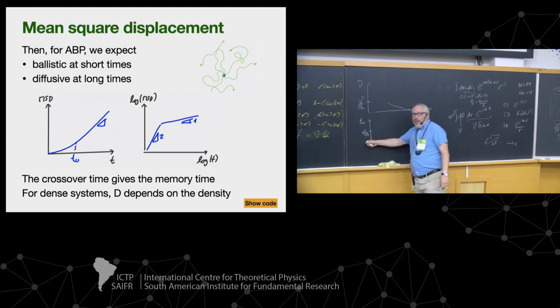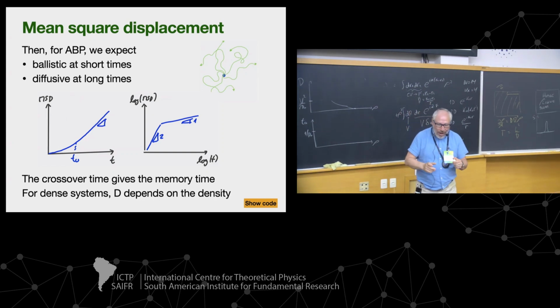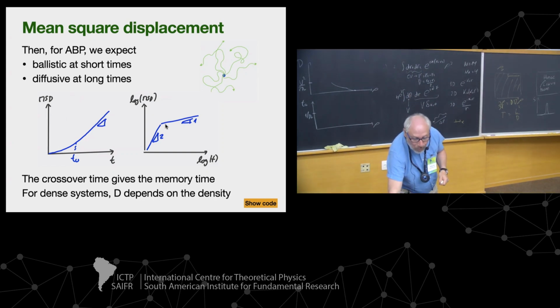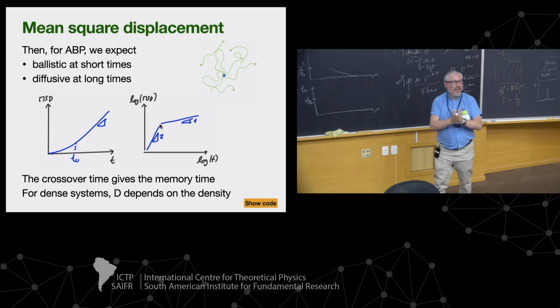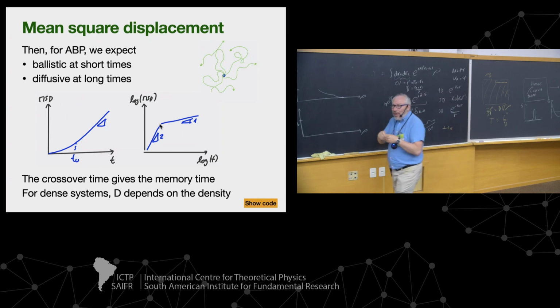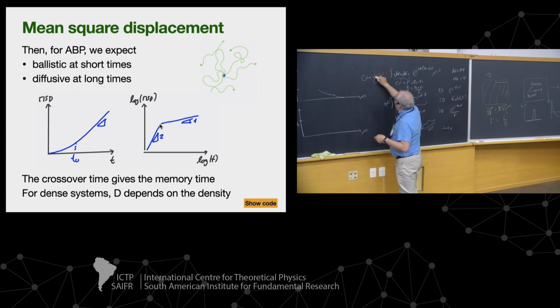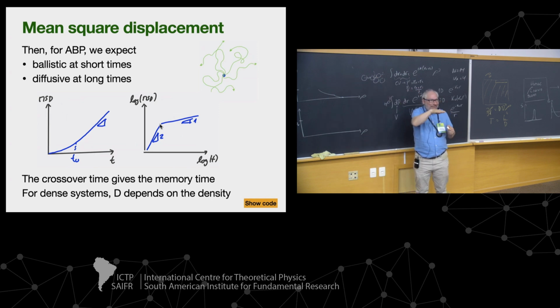And what happens with the crossover time? The crossover time is when particles stop moving ballistically. It decreases too, because even though the particle was pointing in this direction and the director is not changing, if it encounters others, that particle is going to be blocked, it's not going to move, despite pointing in the same direction.